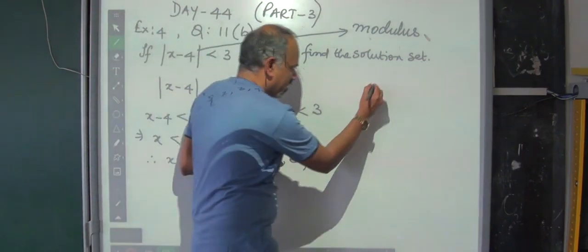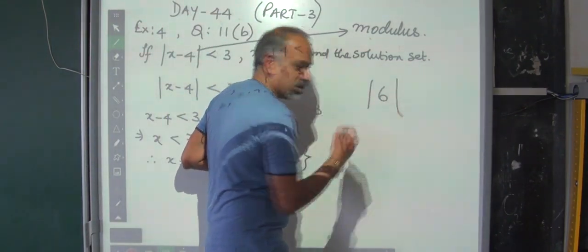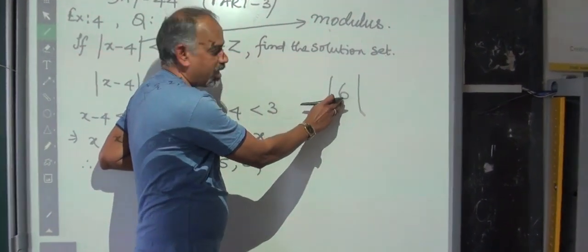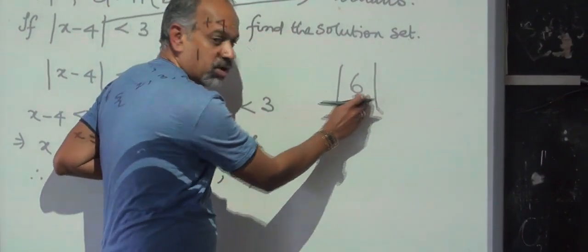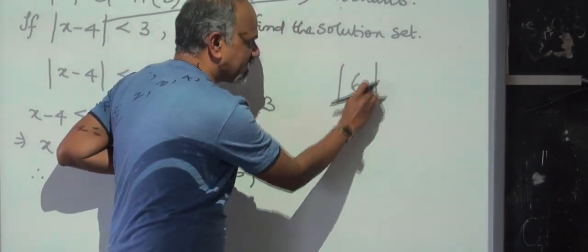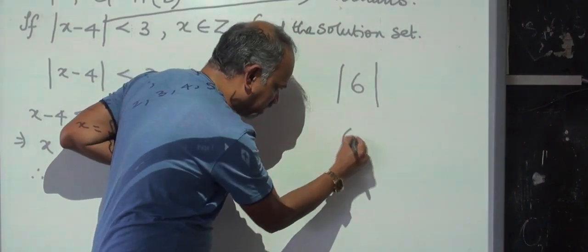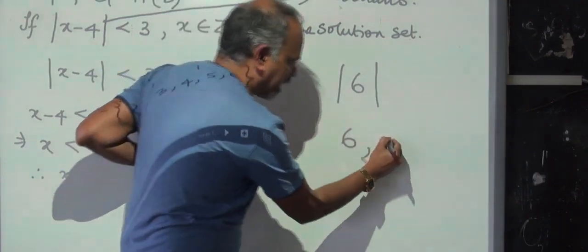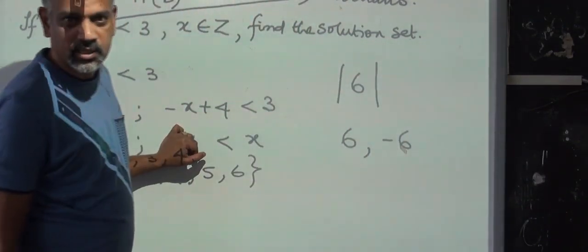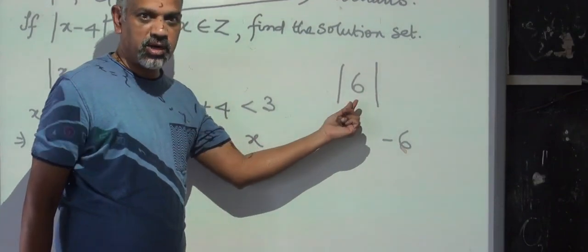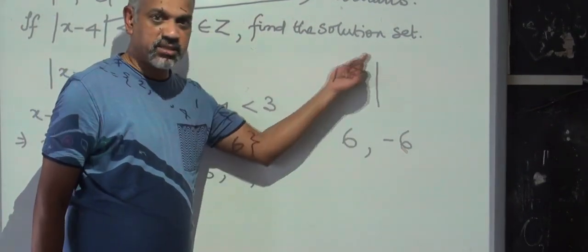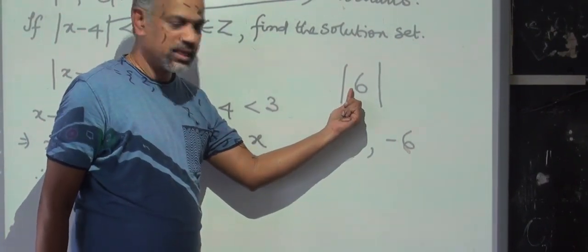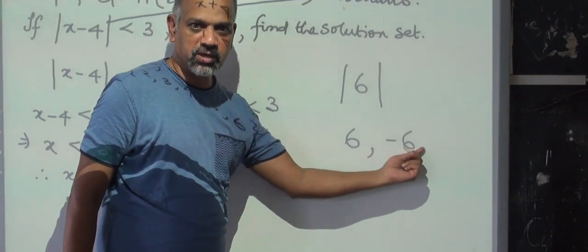For example, I am writing 6 inside the modulus, which means this 6 has two possible values. Whatever is inside the modulus is the positive value, that is 6, and the other value is to change the sign, minus 6. So anything that is written inside the modulus has two possible values: the one inside is the positive value, and changing the sign of whatever is inside gives you the other value.